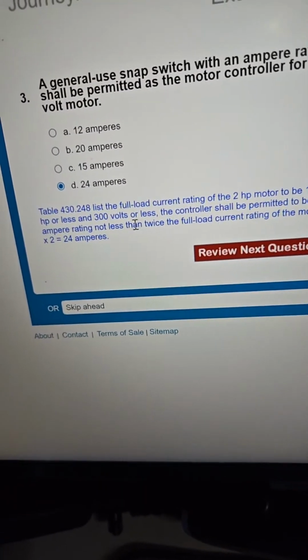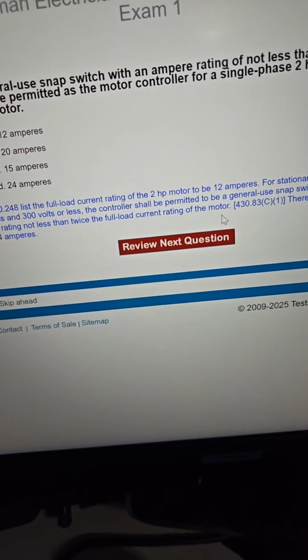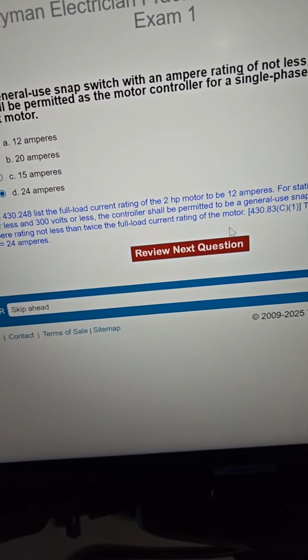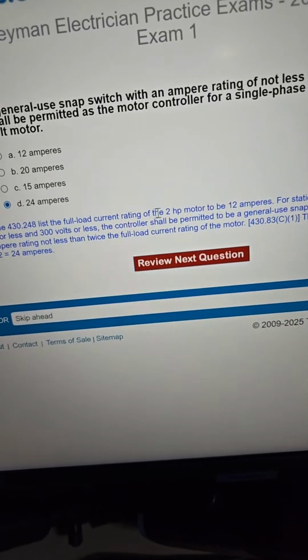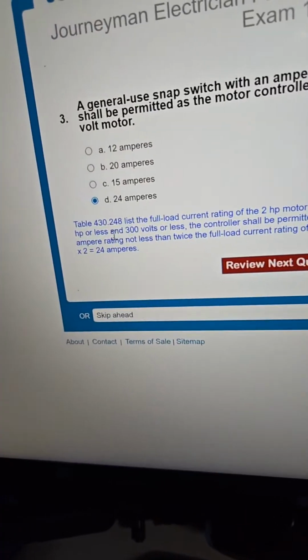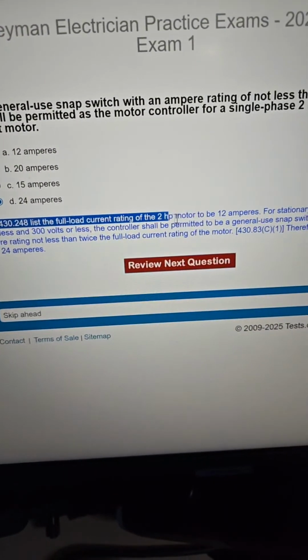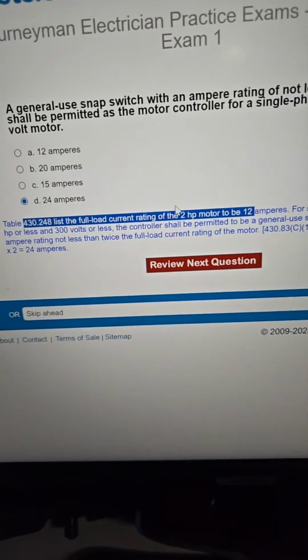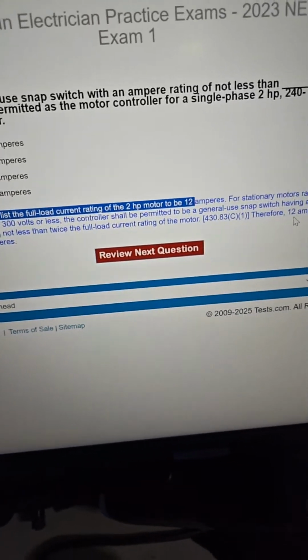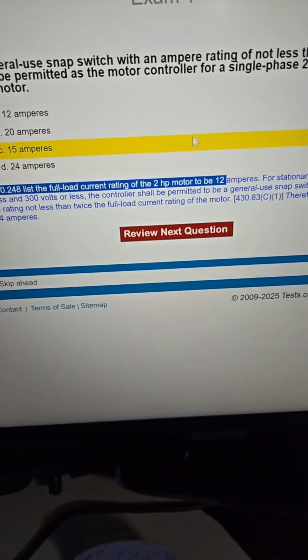The reason we're doing this is you've got to do twice the full load current rating of the motor. For a 2 horsepower motor, the full load current rating is 12 amps. So you look in the table, you get 12 amps, and then you've got to take 2 times the full load current rating. This is stuff that I need to brush up on before you need to do the math.